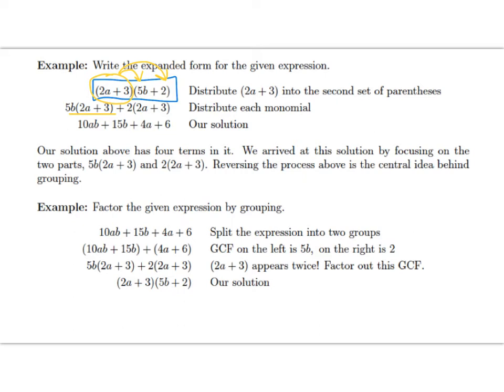Usually you think of it as we'll multiply 2a times 5b and 2, and we'll multiply 3 by 5b and 2. But now you can really distribute the whole greatest common factor to both, and then you can distribute and clean up. So that's an important thing to think about so that you can understand that it's okay to have a greatest common factor that is a binomial.